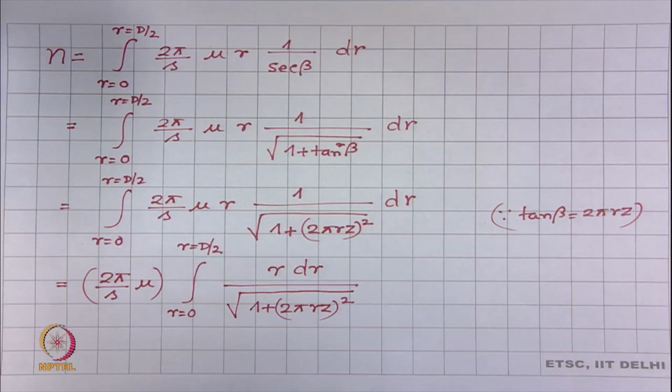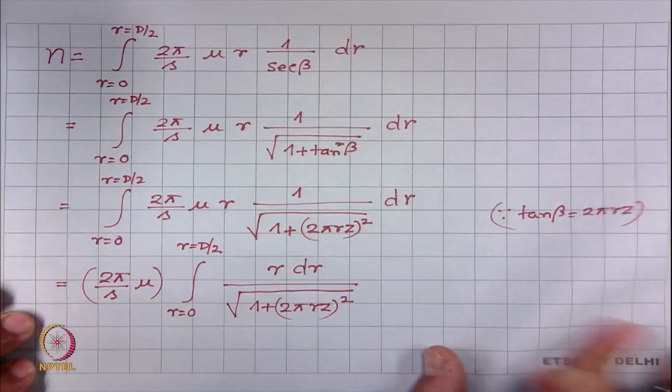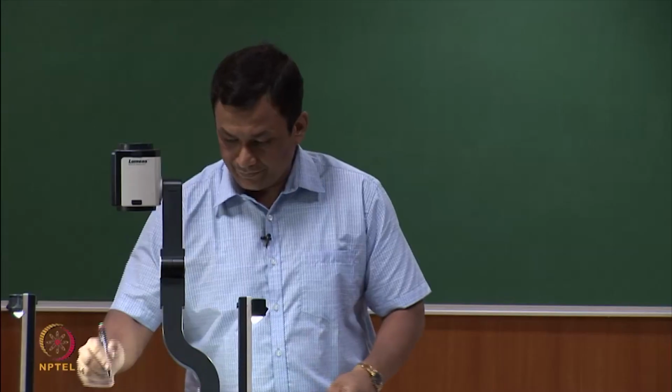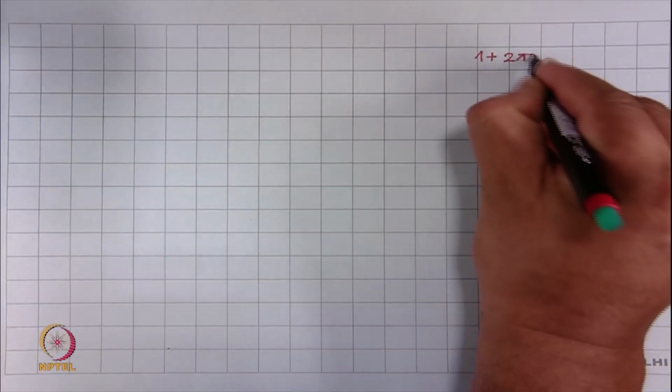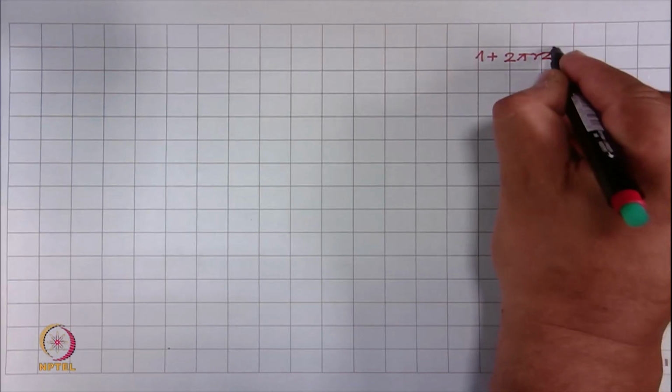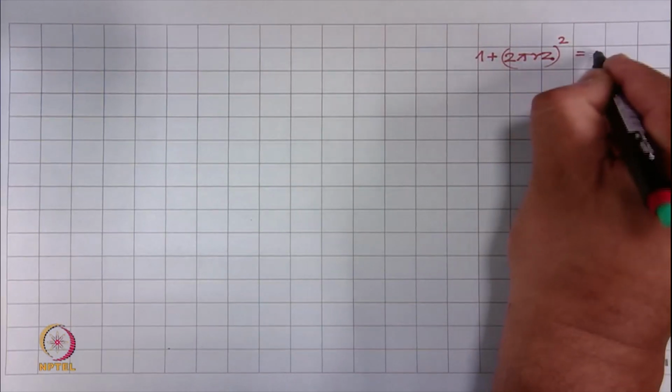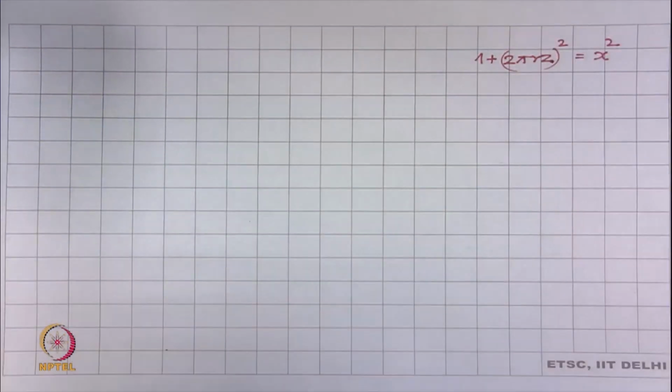We will follow the method of substitution for this. So, what we will consider is 1 plus 2 pi r z square is equal to x square.